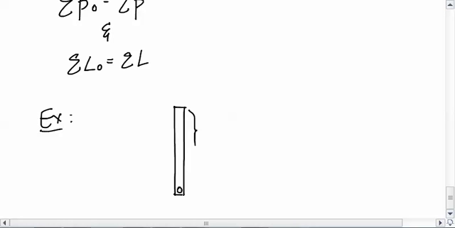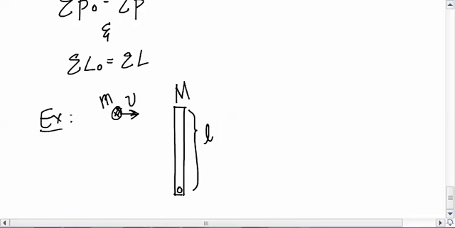The length of the rod is L, and its mass is big M. Maybe we have a little puck over here with a mass of little m, moving to the right with a speed v, and it is going to strike the end of this rod and stick.